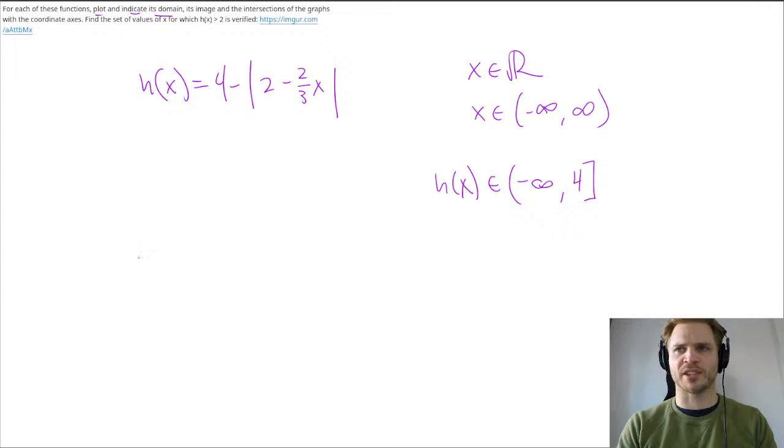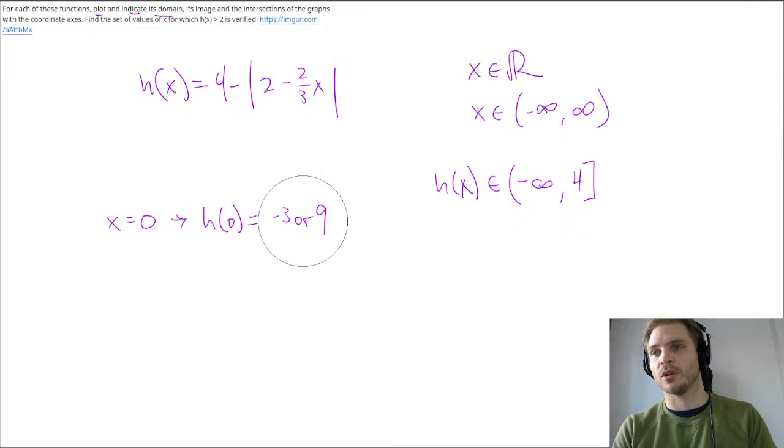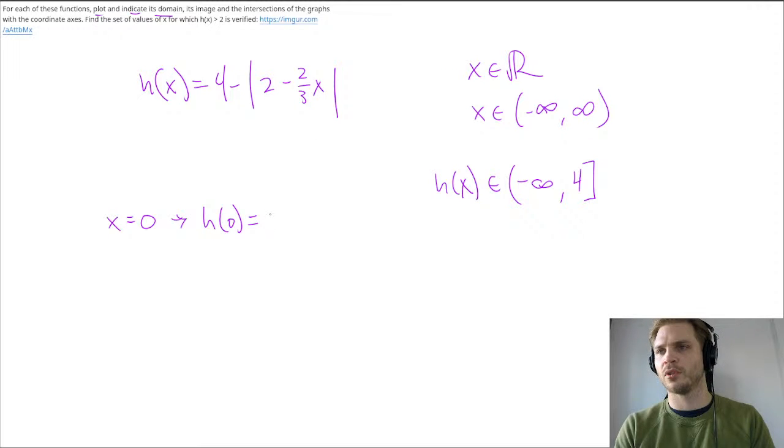And in that process of graphing it, we actually found the intercepts, the intersections of the graph with the coordinate axes. So we found when x equals 0, h of 0 equals, what did we get? Oh no, I'm lying. When x equals 0, we have 2.